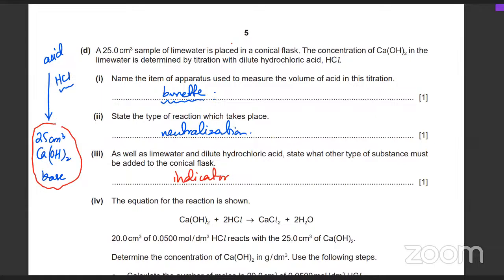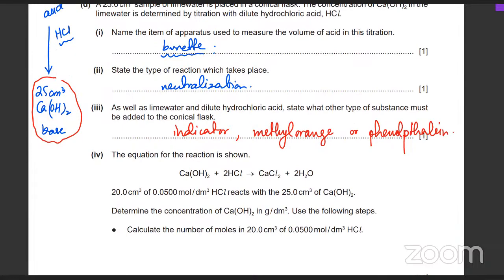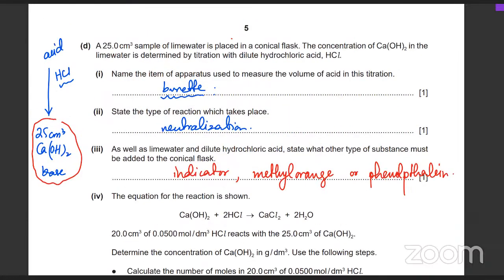There are more than two types of indicators, but usually it's methyl orange or phenolphthalein. So indicators are added. Indicators will change color when the neutralization point is reached.